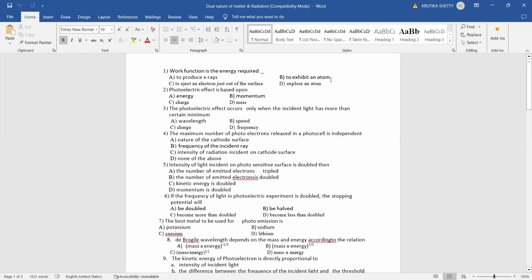So the next question, it is based upon energy, momentum, charge.